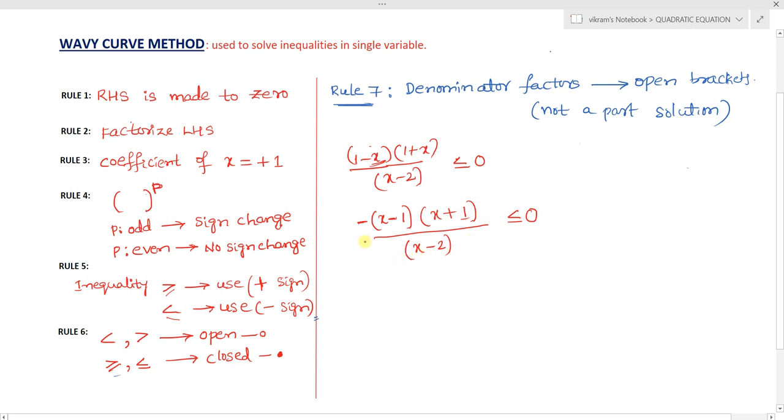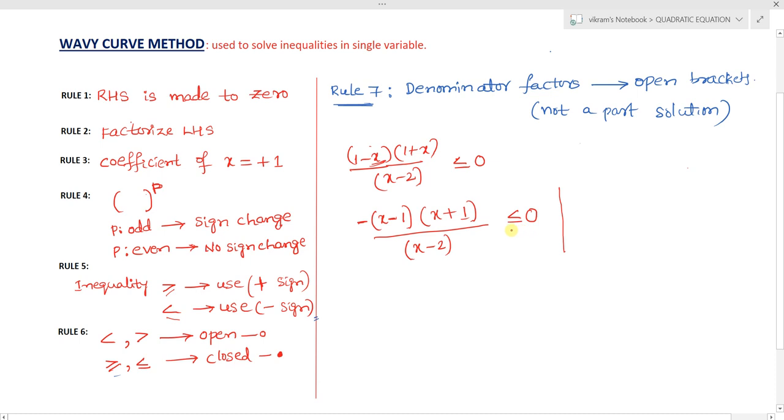Now we have taken a minus common here. To remove the minus, multiply both sides with -1. Minus into minus gives plus on the LHS. But we have seen that if an inequality is multiplied by a negative sign, the inequality changes.